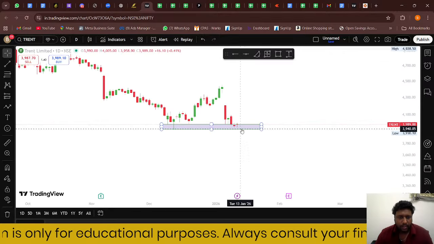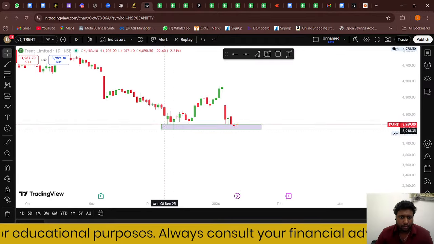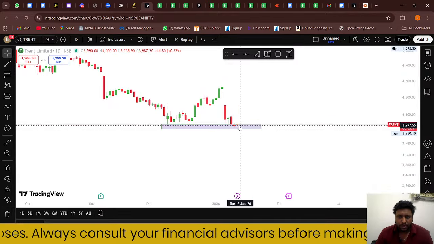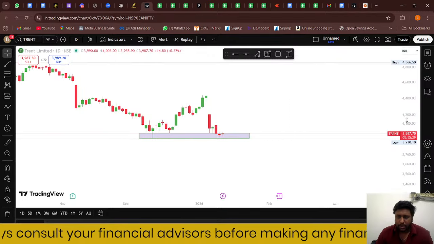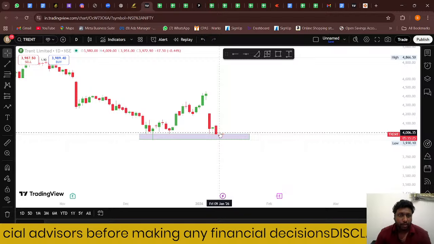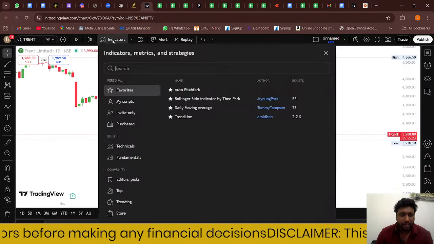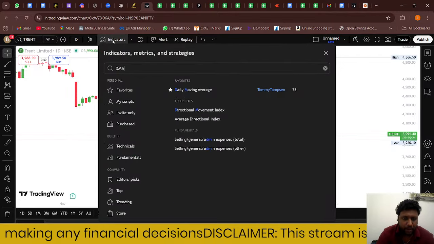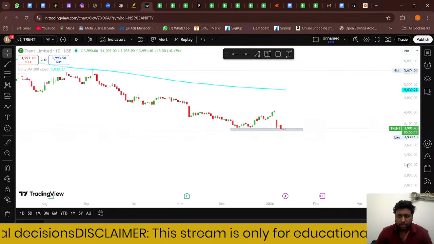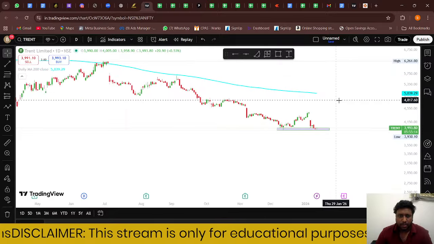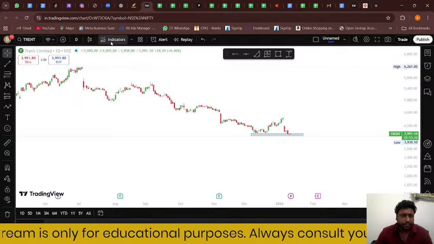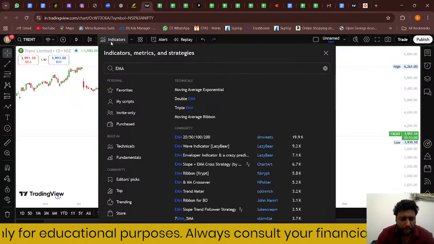If you see, it is a doji candle near the 1 day support. We have two, three, four, five, six, seven touches, and we will see. We'll take this trade on a reversal with respect to the volume. If it is supported by volume, then definitely we can plan that trade. We'll add DMA as well. You'll see DMA 200 is up above. And as a short term indicator we'll also add EMA 50.